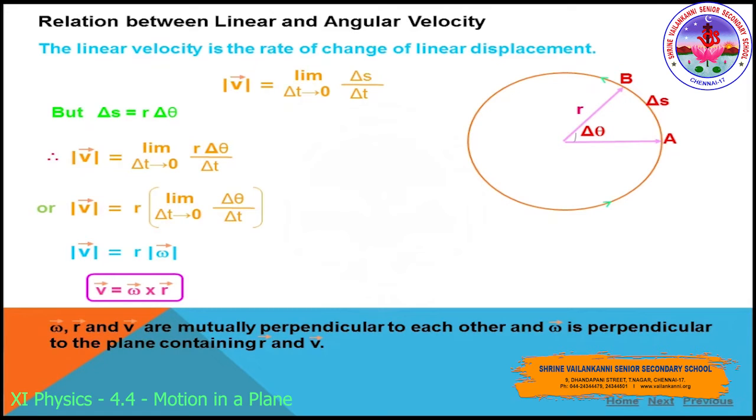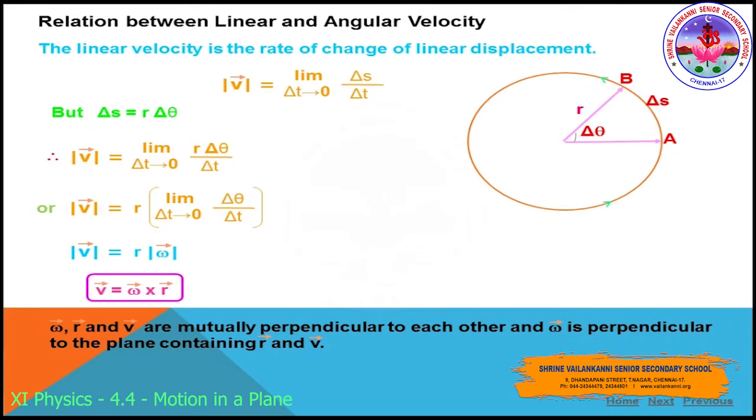The linear velocity is the rate of change of the linear displacement, so v vector is equal to the limit Δt tends to 0 of Δs by Δt. But we know that Δs is equal to r into Δθ, that is, arc is equal to radius into angle.